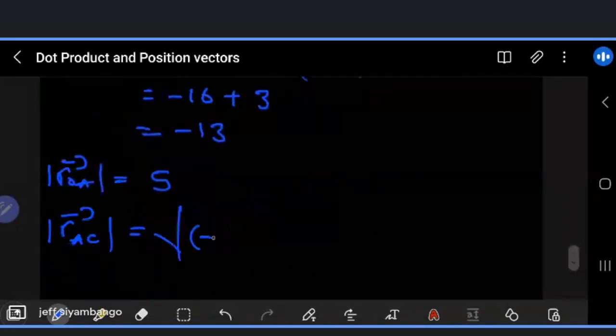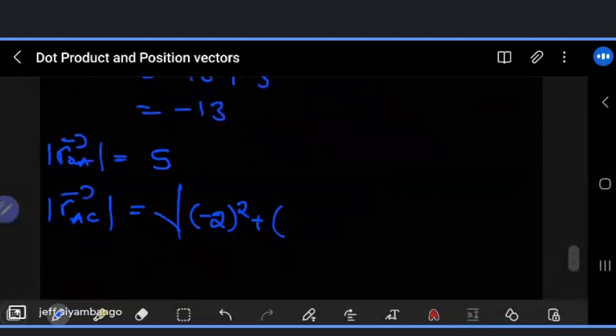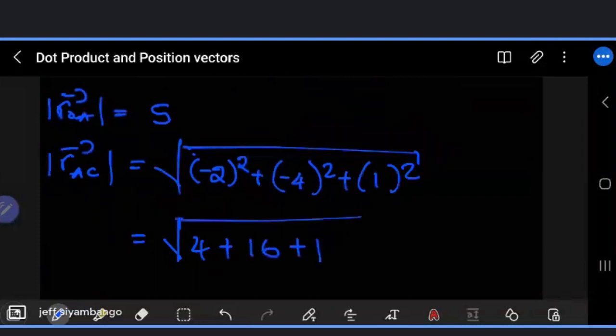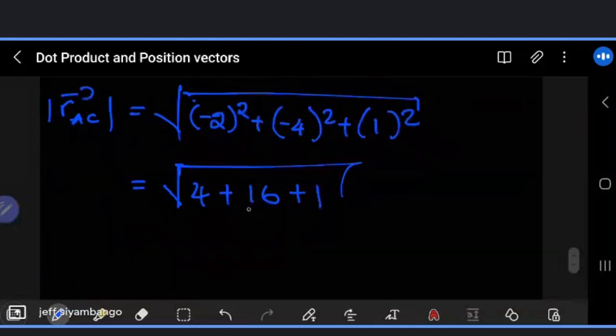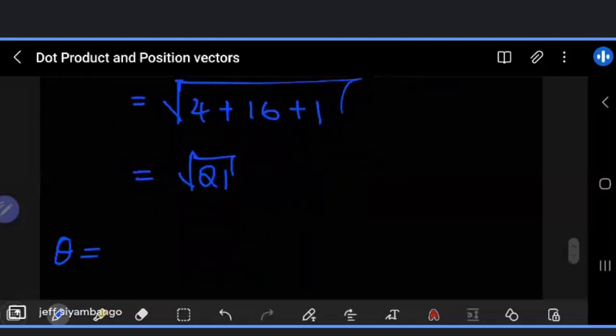Don't forget the minus also has to be squared, plus the y is -4 again, plus the z, that's just the 1. So when you simplify this, we have √(4 plus 16 plus 1). So that's a 20 here, a 21 there. So this is √21.